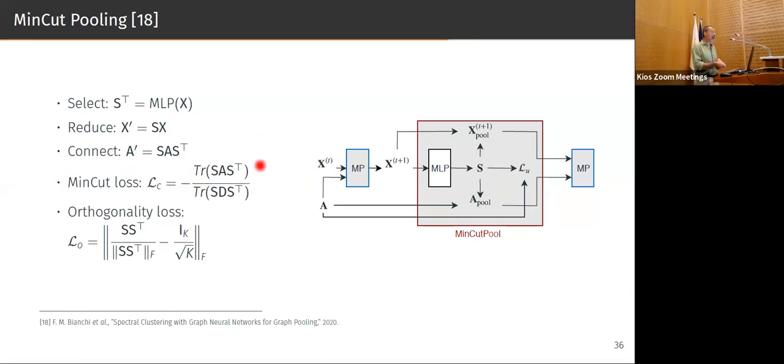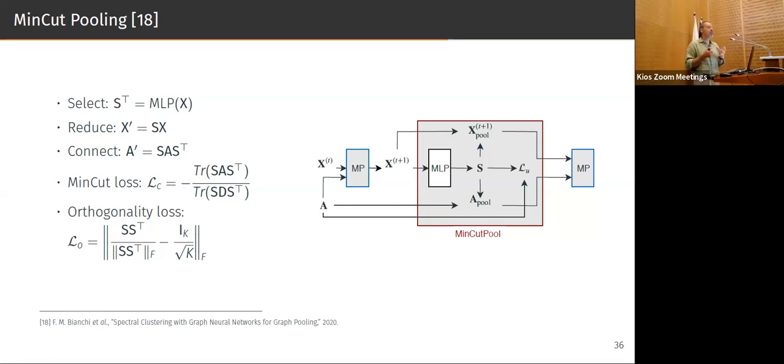However, if you minimize this loss end-to-end, because here you have a multi-layer perceptron which is generating the score matrix, you end up with trivial solutions sometimes. Either you cut everything or you don't cut everything, so you need to balance.